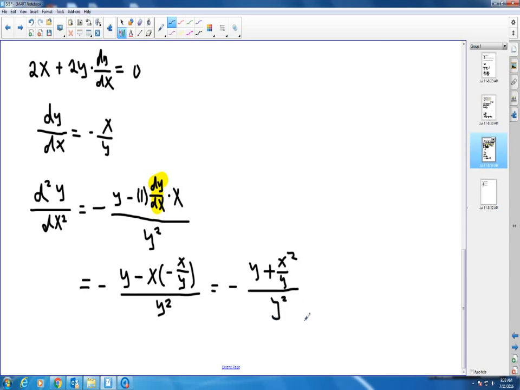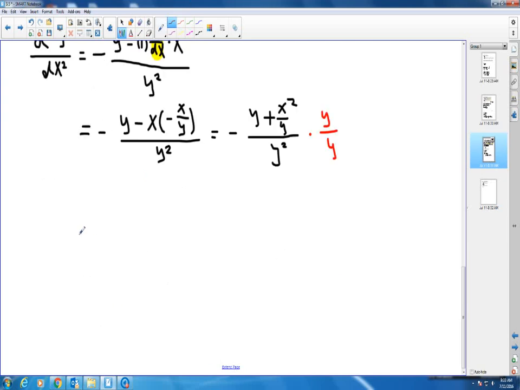Alright, I'm going to multiply top and bottom by y over y, so I can get rid of this y right here. That'll give you negative, y times y is y squared, plus y times this second term will just be x squared, over y to the third.